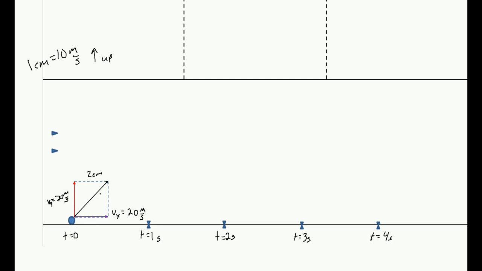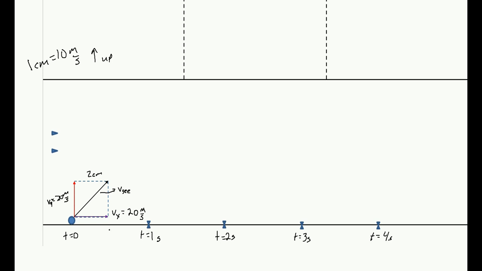This piece right here is the resultant velocity, or what I like to say is the velocity that you see. You actually see the object traveling along this resultant vector. You don't see it going sideways and up, you see it going along in that direction there.